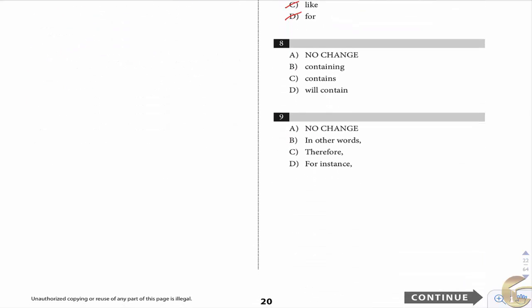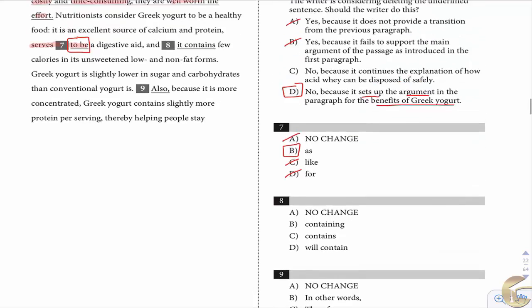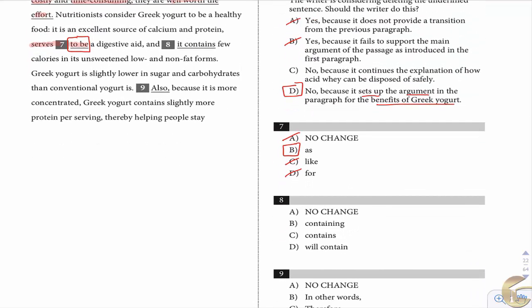Number 8, we are wanting to see which answer fits in that underlined portion as well. So it says serves as a digestive aid and contains. In this case, we're looking for the word contains. First off, it is a little bit redundant. So if you don't need the word it and you can just say contains, that's going to fit. So it's not going to be A. Containing changes the verb tense. It's not parallel structure.